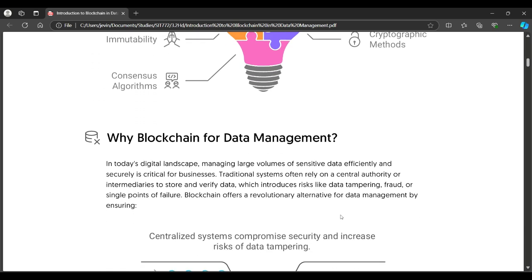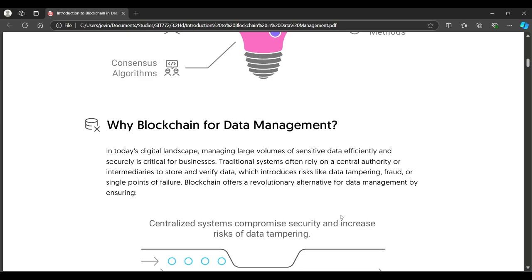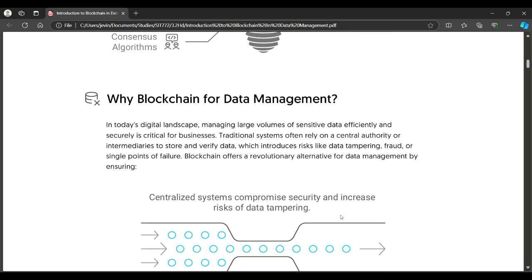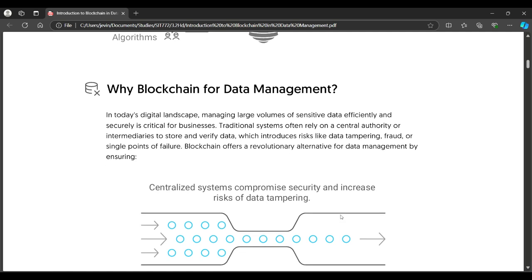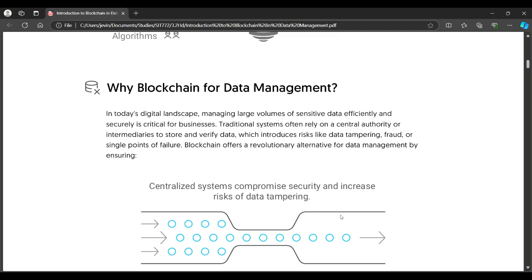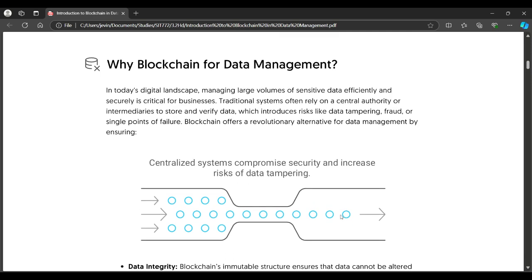So why are we using blockchain for data management in today's digital landscape, where we are using a large number of high-volume databases which hold data that should be efficient for business and other purposes?